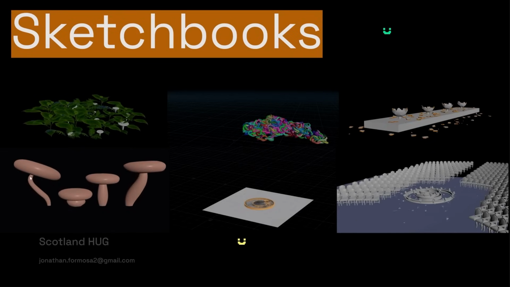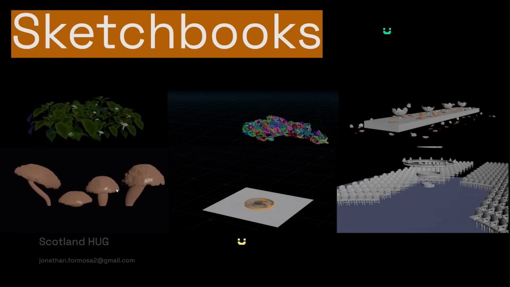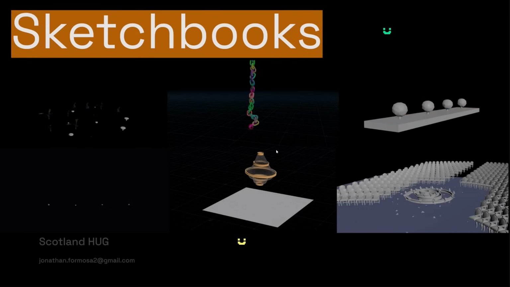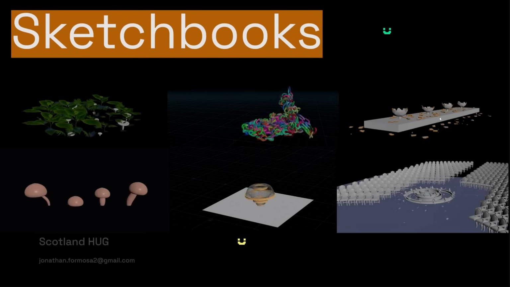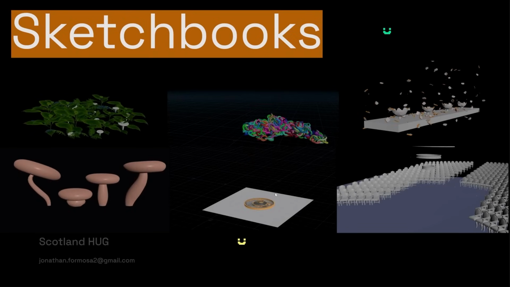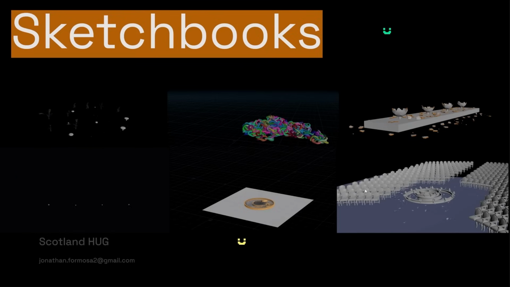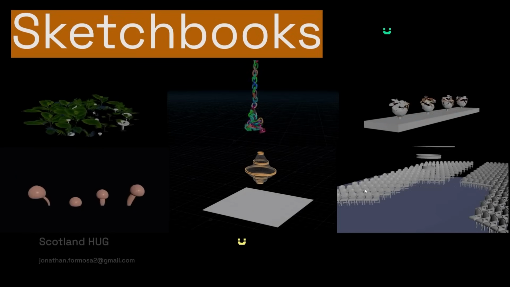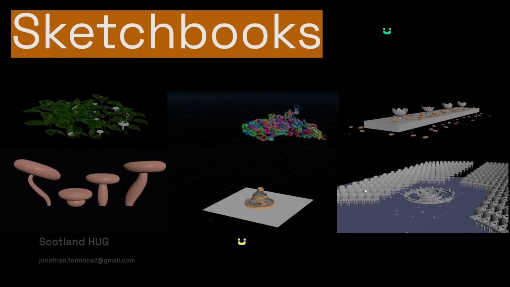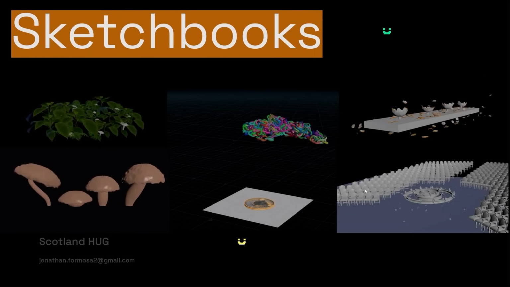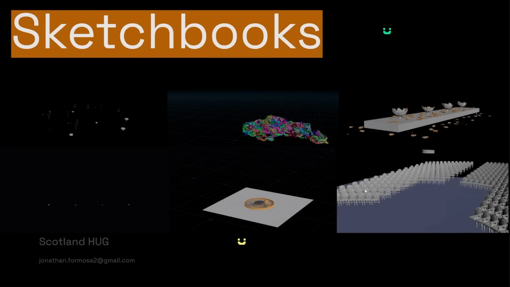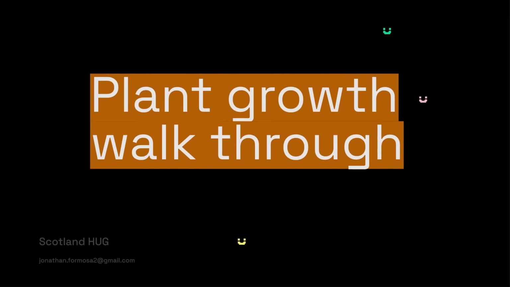Same with these mushrooms, experimenting with how to get the mushrooms to die. Chains, smashing light bulbs, all that stuff. It's not polished, but this is just a way to experiment. I highly recommend doing this on any project where you have absolutely no idea what you're doing and you just need a way to experiment with different methods.